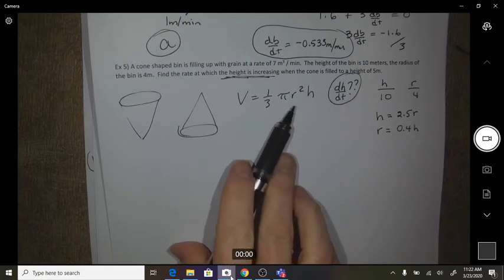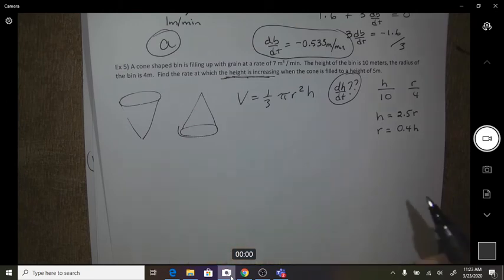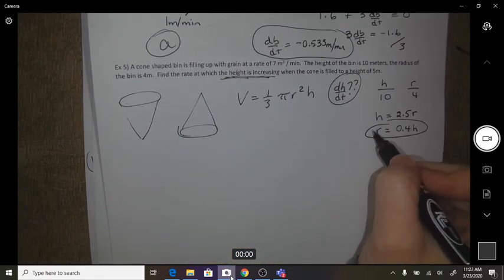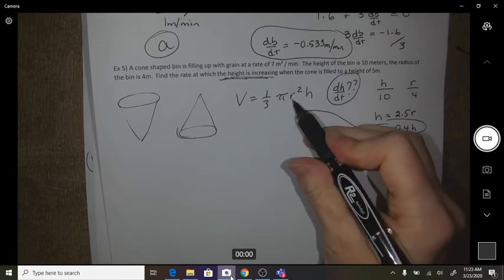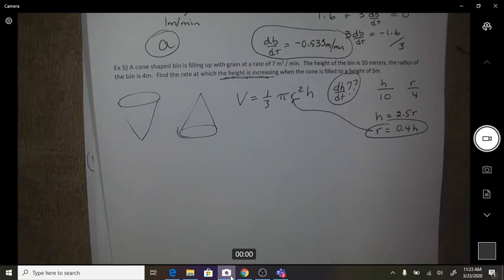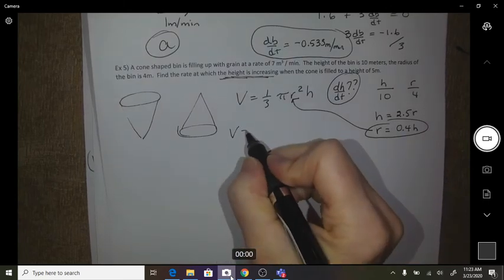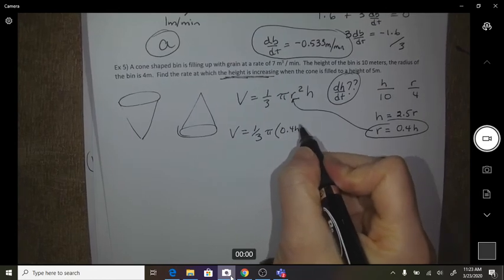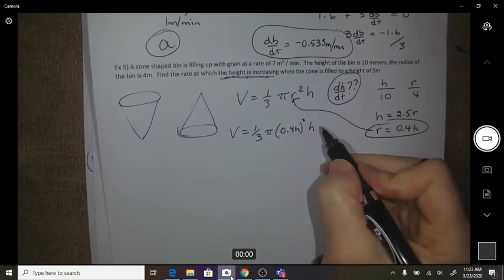So I want to leave h's in this equation. Therefore, if I'm leaving h's in, I'm going to replace the r with an h. Okay, so volume equals 1/3 pi times 0.4h squared times another h.